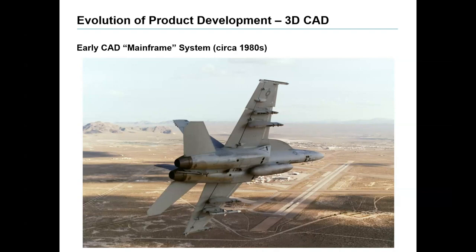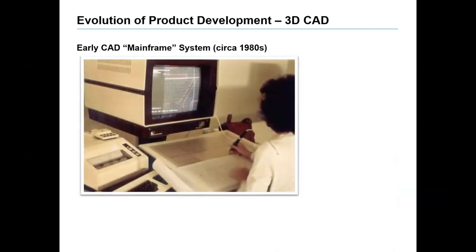But how we did our work every day was, we were working on a mainframe CAD system. This is actually an example of Computervision CADDS 4. With this, we had a monitor that was connected to the desk. The desk had a cabinet on the side that housed the motherboard for the computer. And we didn't have a mouse.